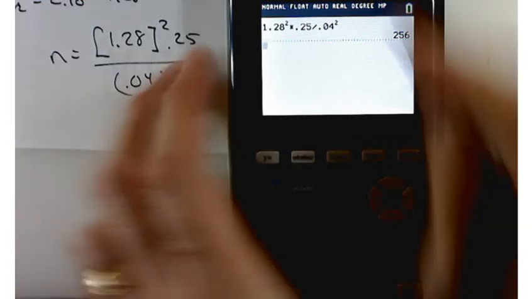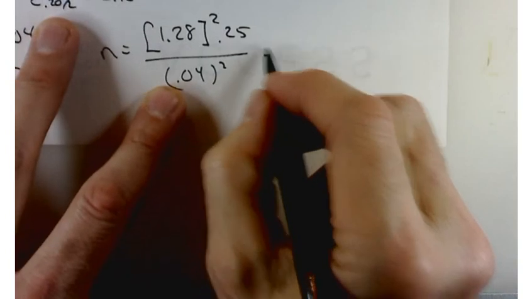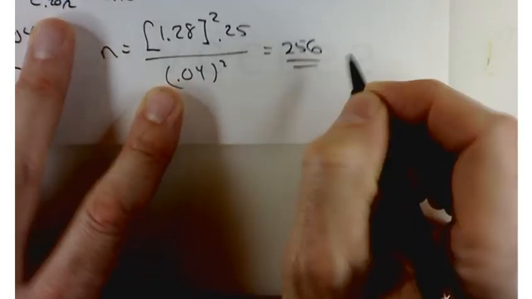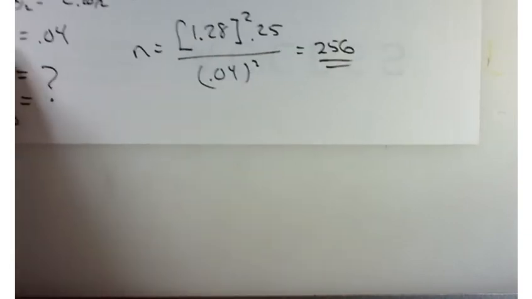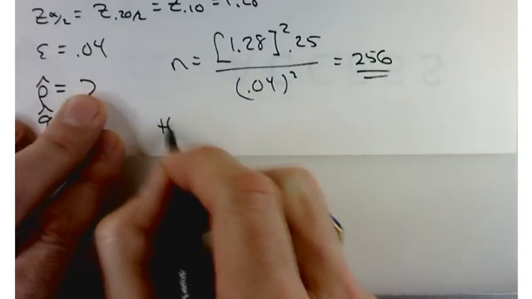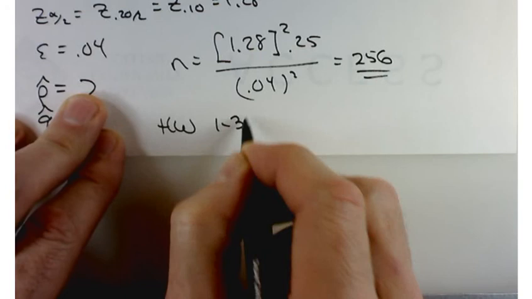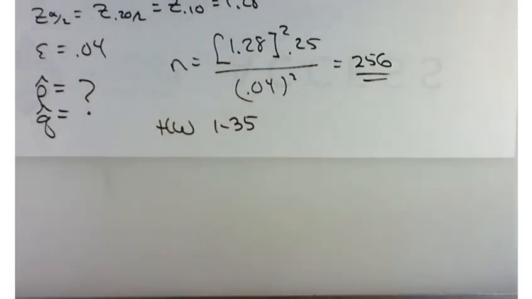So that would be your sample size that you need to control your error here. Any questions on problem number 30 here? For homework, try problems 1 through 35.